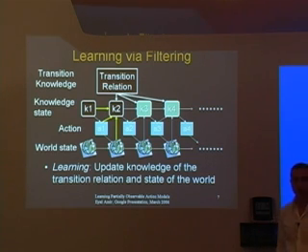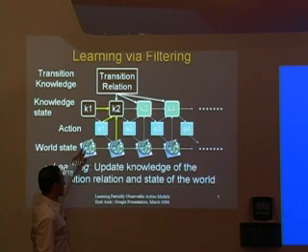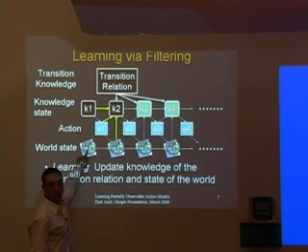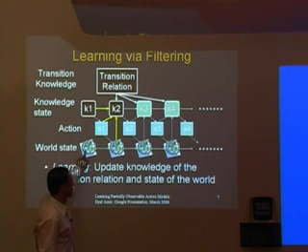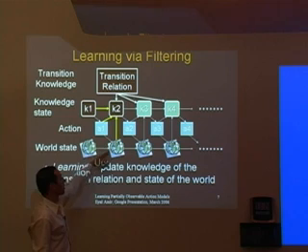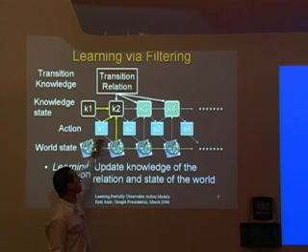So here's a picture of how the problem can be seen. What you see here is the state of the world, although this is the same globe, it actually means a different world state. So the world progresses in response to our actions, and we make some observations. Those are the arrows that go up.